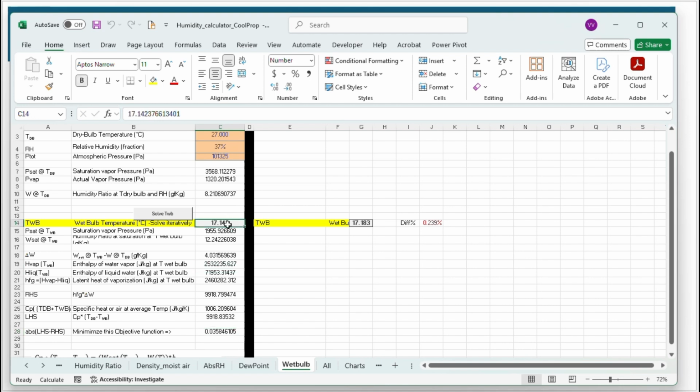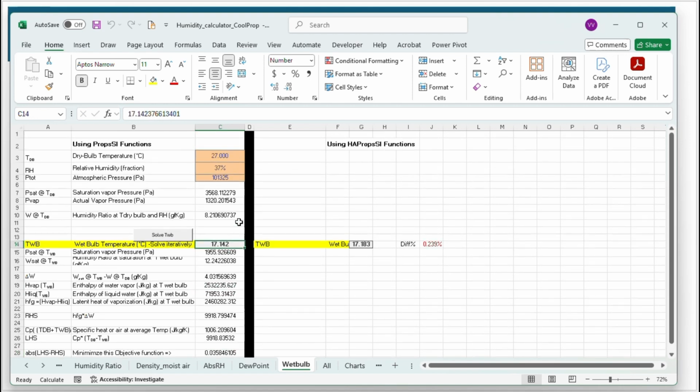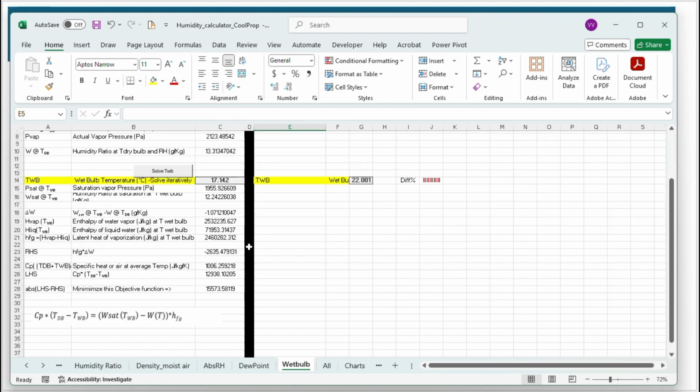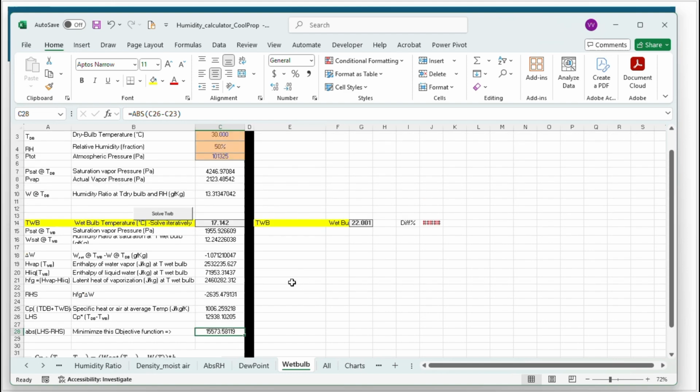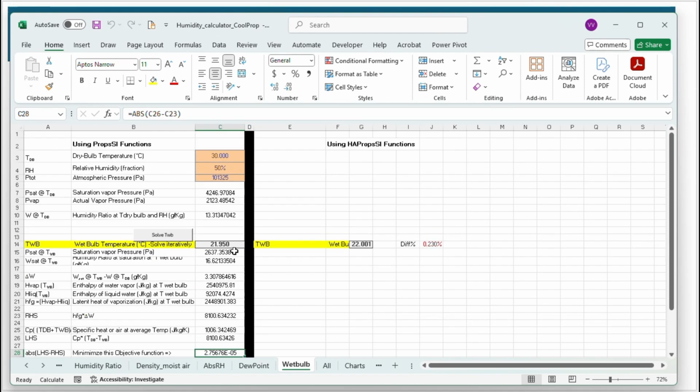So the value we got is 17.142. It's close to the earlier value. Let's change the humidity value here and the temperature, and you can see the absolute value is not minimized. Solve again, so you get a different number, 21.95.